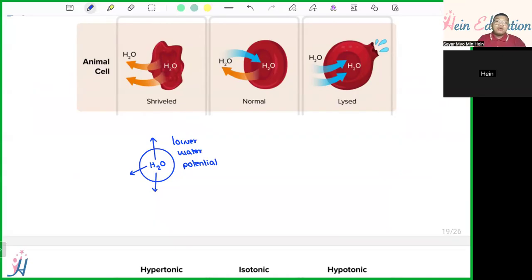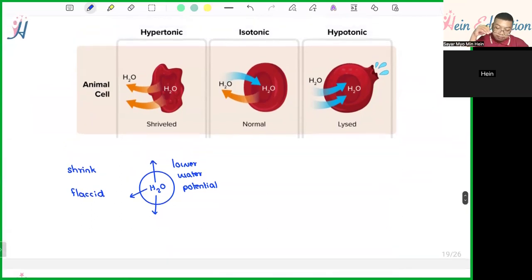Later on, the red blood cell will shrink, and we can say that it is flaccid. So this is when we put animal cells into a concentrated solution. For the isotonic solution, it means they have a similar concentration, so there is no net movement of water in and out of the cells, and it can maintain the shape of the cells.